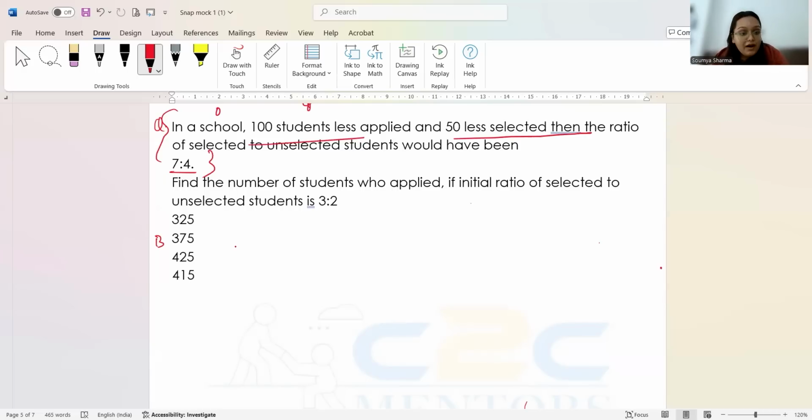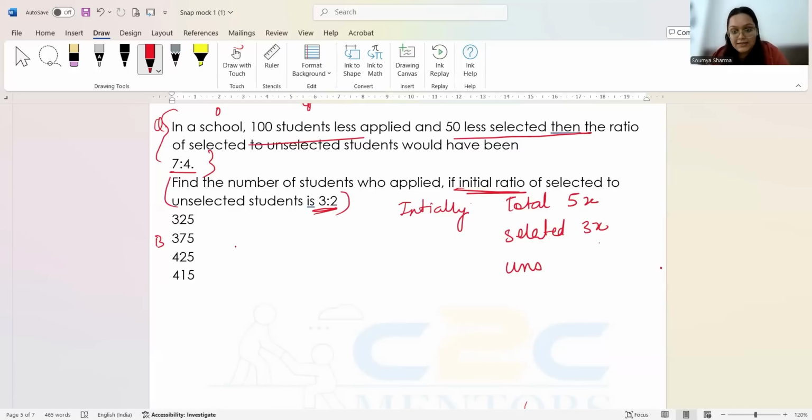Okay. So here, find the number of students who applied. If the initial ratio, okay. So let us suppose, what was the condition initially? The initial ratio of selected to unselected students was 3:2. So the total number of students initially was 5x, selected was 3x, unselected was 2x.